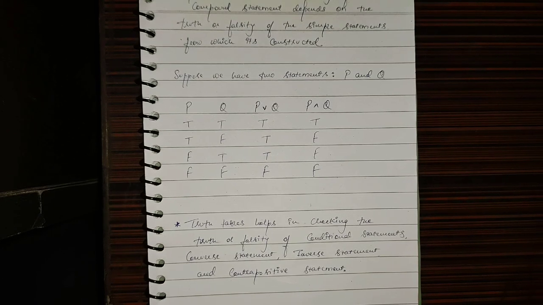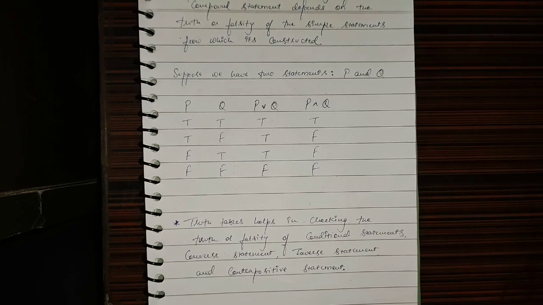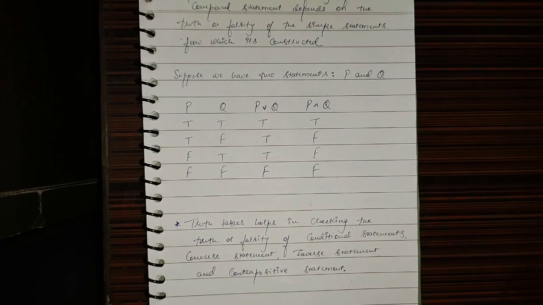We are saying that if Q is true and P is false, then yes, the compound statement P or Q can be true, or if P is true and Q is false, then yes, the compound statement P or Q will be true, simply because we have passed down the condition that either of the statements can be true for the compound statement to be true.